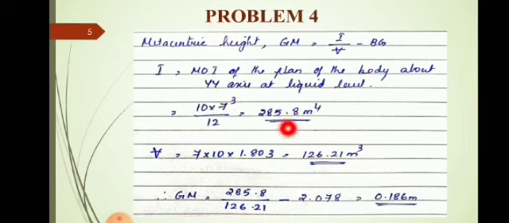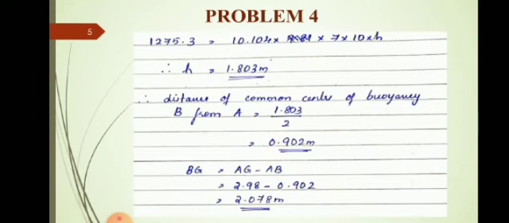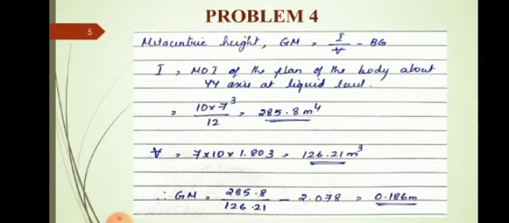I is 285.8, V bar is 126.21 and BG is 2.078 meters. Substituting all these values and calculating, you will get the metacentric height as 0.186 meters. Thank you.